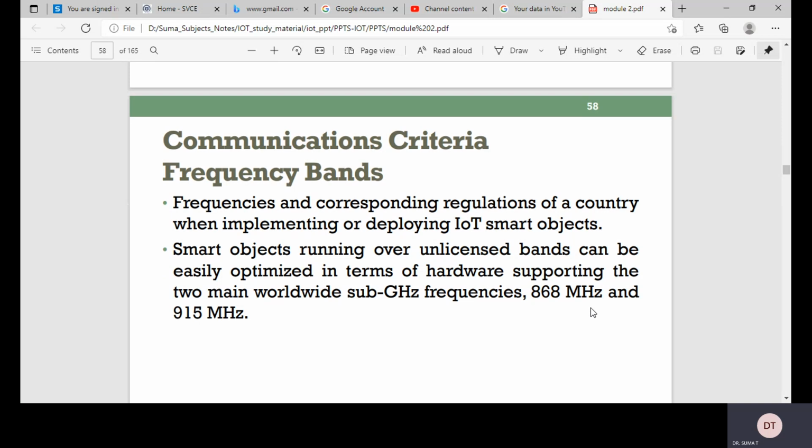Unlicensed means that no guarantees or protections are offered in the industrial, scientific and medical bands for device communication. Even for IoT access, these are the most well-known ISM bands. That is the 2.4 gigahertz band used by the IEEE 802.11.